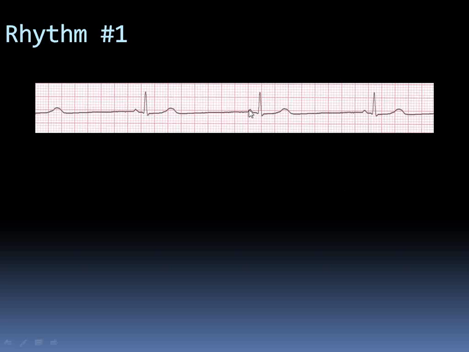And you can see the P waves are before every QRS, so this is sinus rhythm. And the rate is extremely slow: 300, 150, 100, 75, 60. So it's almost like between 25 and 30 beats a minute, okay? So this is an ECG of a patient who has symptoms, has sinus bradycardia, and will most likely require a pacemaker, okay?